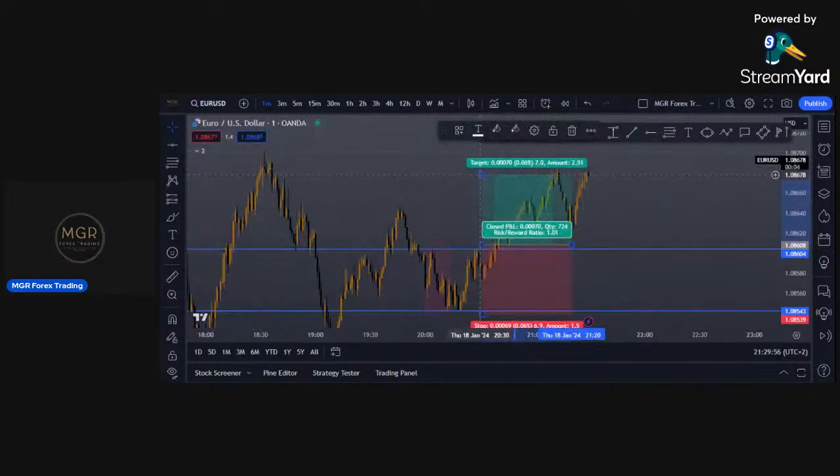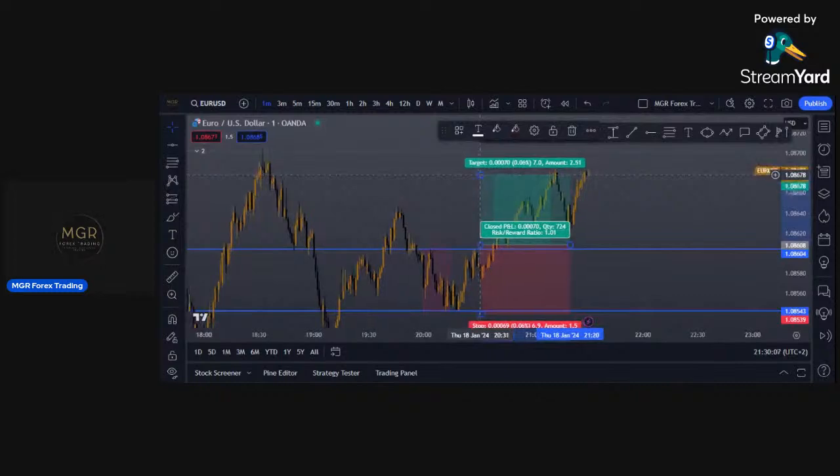And because this is a scalping method, you need to make sure not only is your spread on point, because of course your spread is one of the most important parts of this, but also that your trade execution is 100% on point.